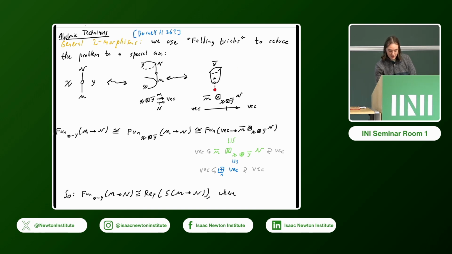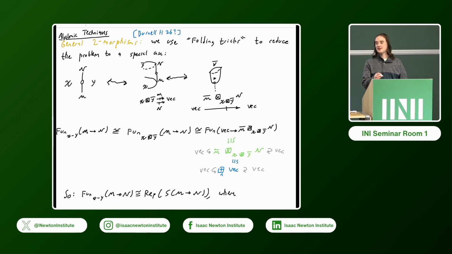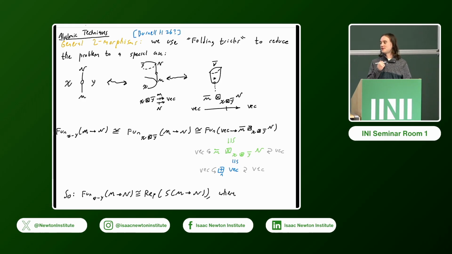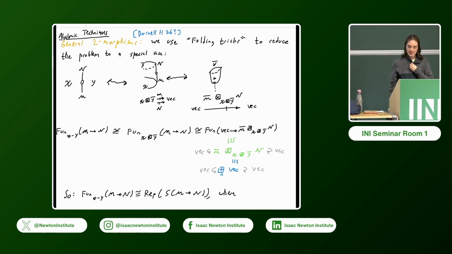At the bottom here, I have the trivial bimodule from Vec to Vec, which is just Vec, very, very boring stuff. And then this other bimodule is M monoidal reverse relative tensor product over X tensor Y reverse with N. And when I say monoidal reverse, that's of course the wrong thing to say. It means move the action to the other side.